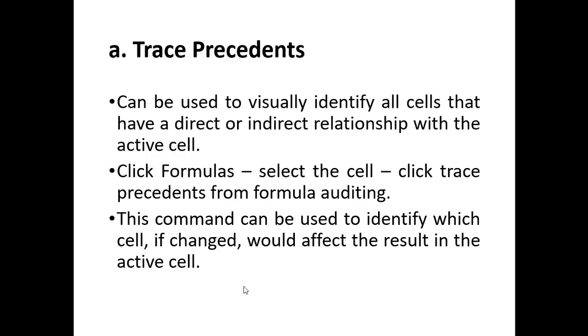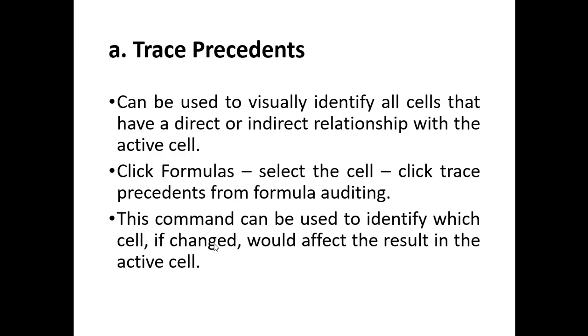So in order to go to trace precedence, you need to click formulas, select the cell and click trace precedence from the formula auditing. We'll try that. This command can be used to identify which cell, if changed, would affect the results in the active cell. Hence it shows the relationship this active cell has with the other cells.